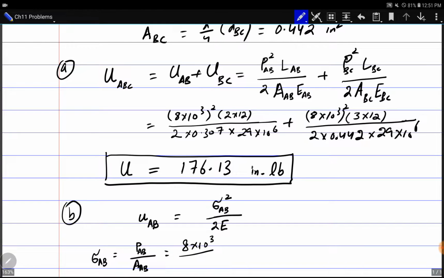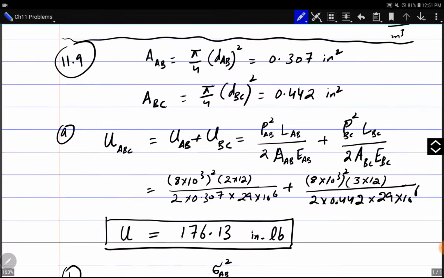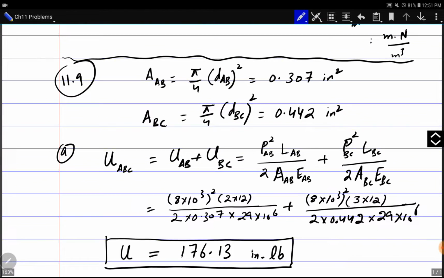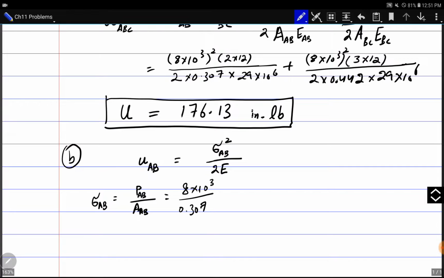Area of AB has been calculated already above, it is 0.307. So it becomes almost 26.0586 into 10 power 3 psi.